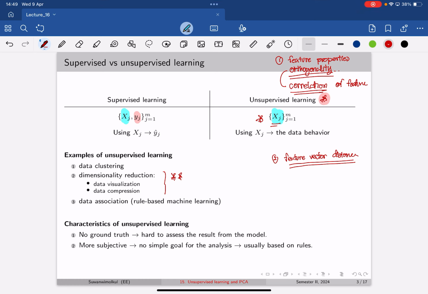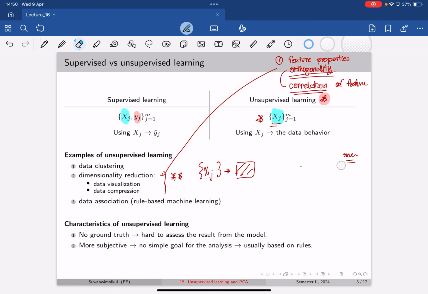The dimensionality reduction concept is closely related to orthogonality, but in fact it is about whether or not you can provide a unique mapping from the original data to the reduced data dimension. For example, if you have xj being your training sample and you want to reduce the dimension, let's say you put it inside a black box. It could be a neural network or a machine learning model.